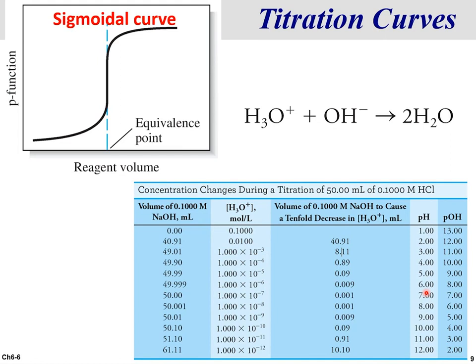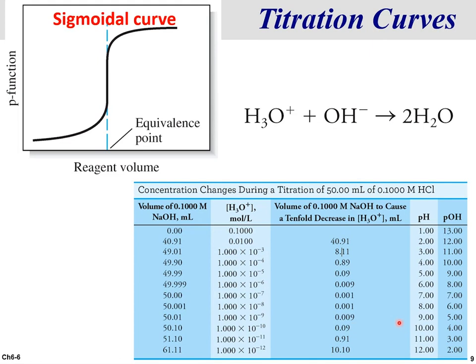But look at the change. If you add about 1/10 of the titrant, the pH changes from 5 to 7, and then adding another 1/10, the pH actually changes to 10.